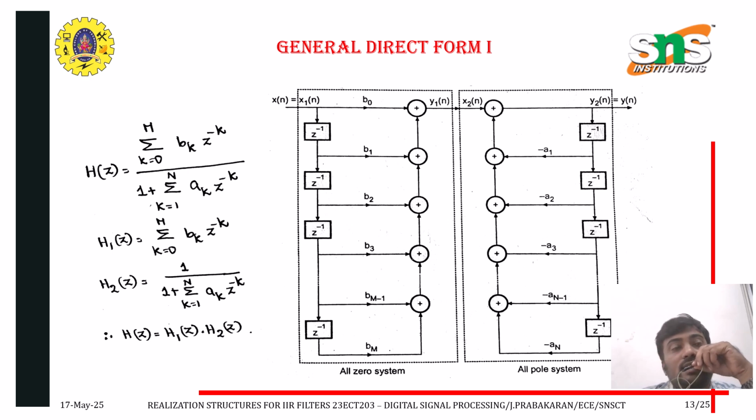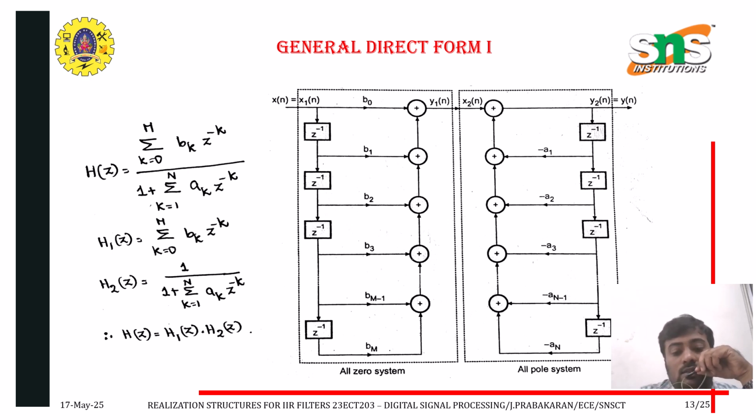Capital N is the order of the denominator, and capital M is the order of the numerator. And then you can see the common structure for direct form 1. The right side is nothing but H1 of z, and the left side is nothing but H2 of z.